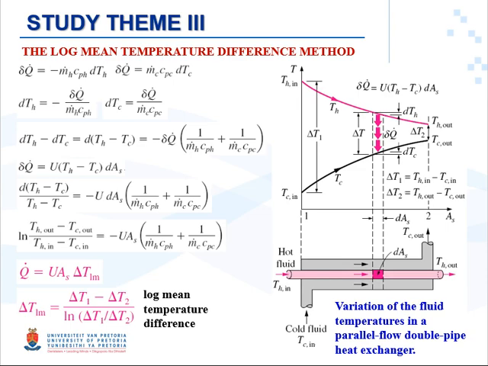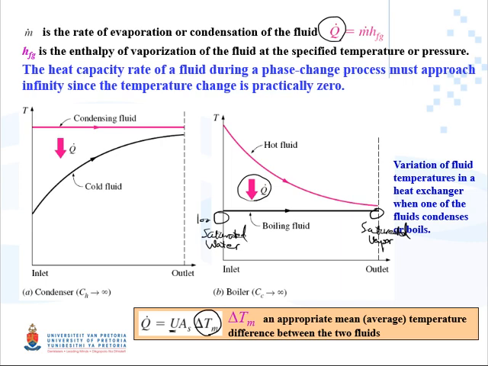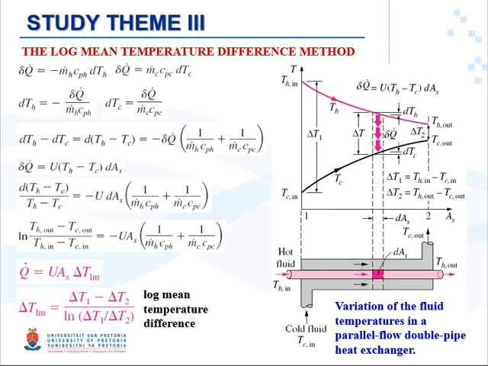So if I go back to the previous one, it's like LM here. So now we are going to find this appropriate form of the average temperature difference between the two fluids.